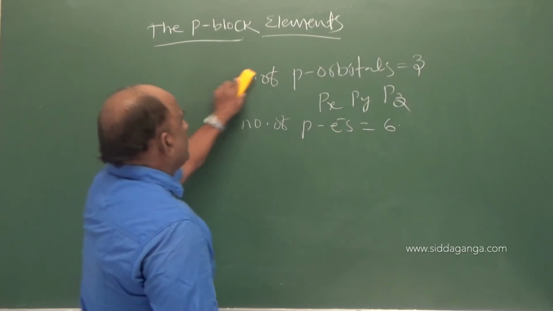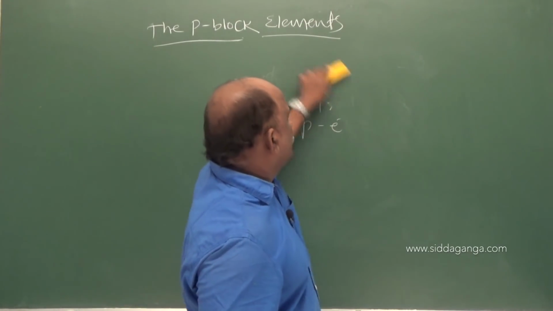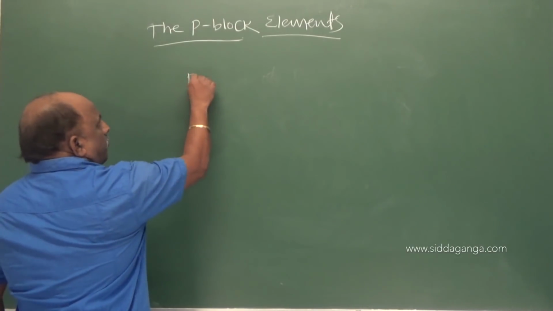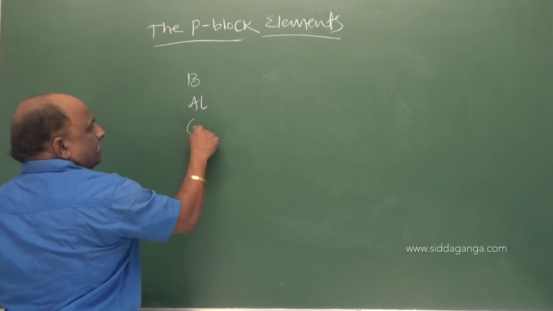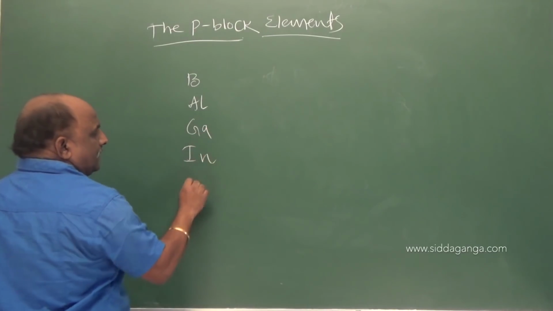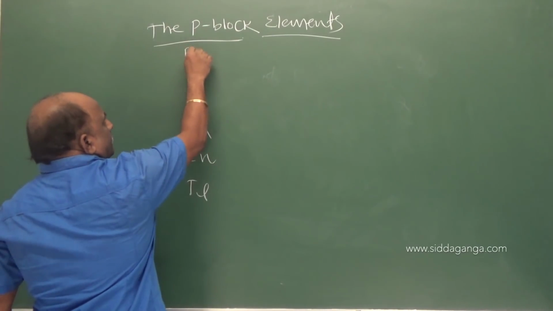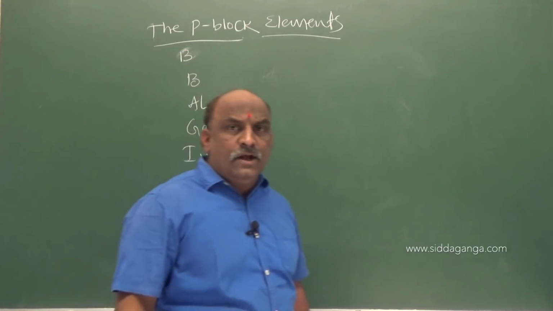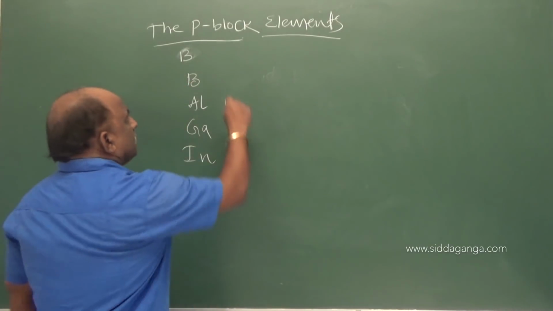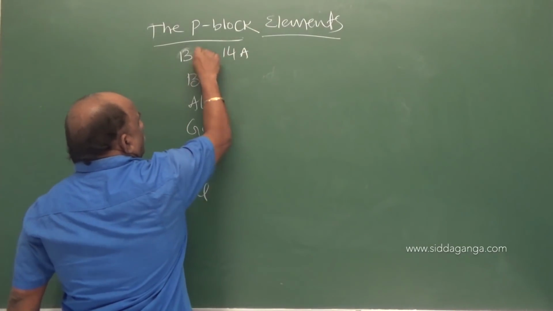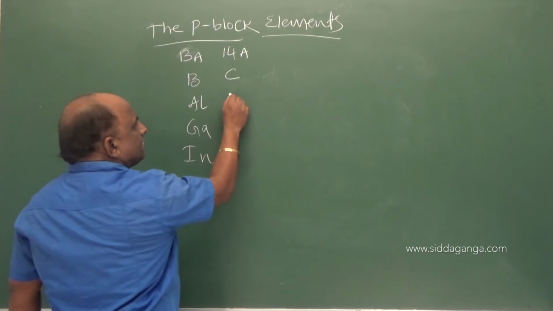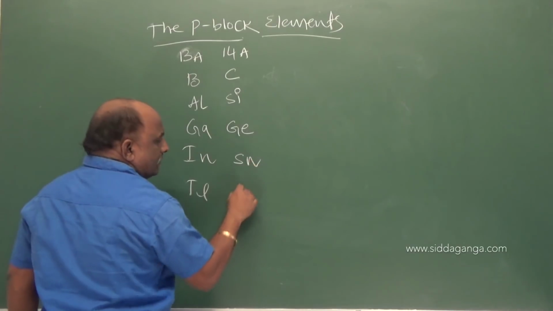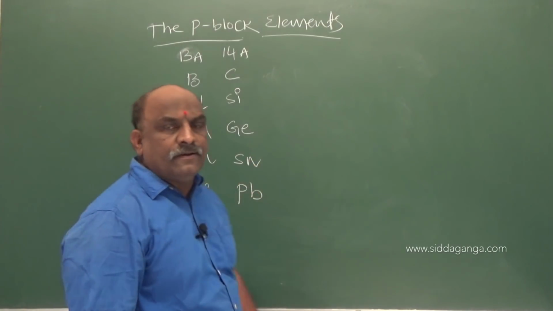So, here, boron, aluminum, gallium, indium, thallium belong to the 13A group elements, and the 14A group elements: carbon, silicon, germanium, stannum, lead.